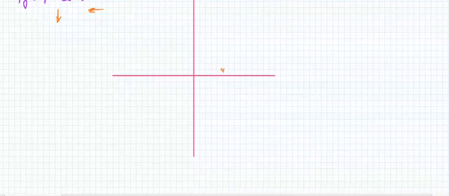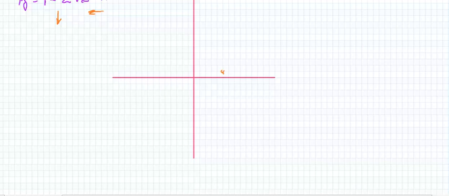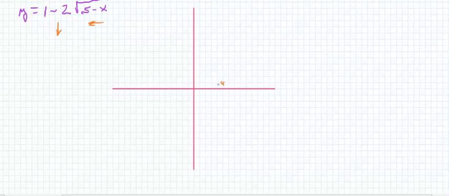And now I go over 1. 1 times 2 is 2, I go down 2. I go over 4, the square root of 4 is 2, and 2 times 2 is 4, so I go down 4.